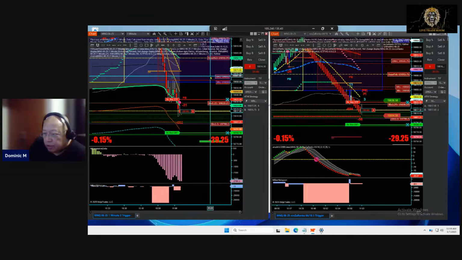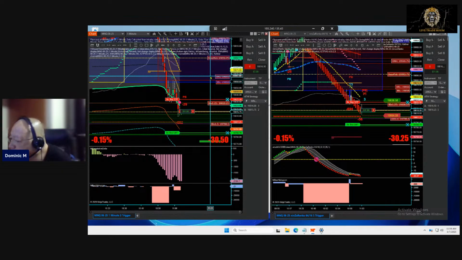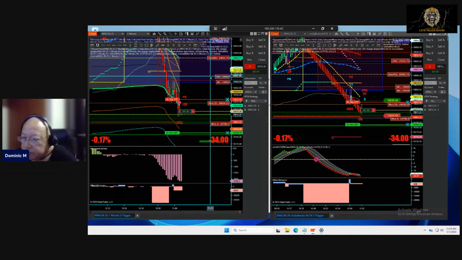That would be enough to bring it down. It looks like there's a lot of energy, but no result. You can hear all the tickers, but the price is not moving. Spending a lot of energy, but no result.